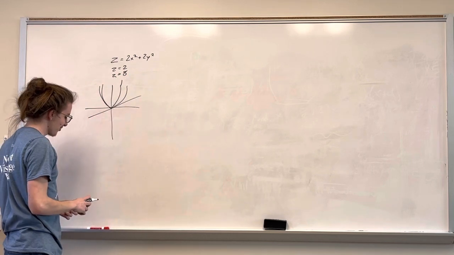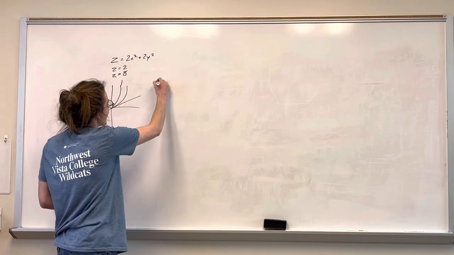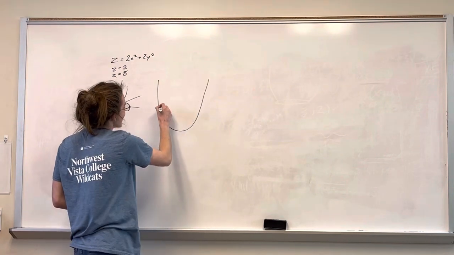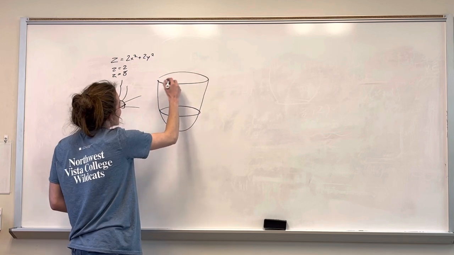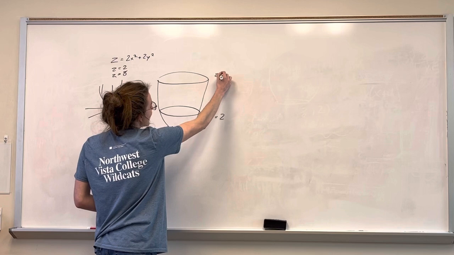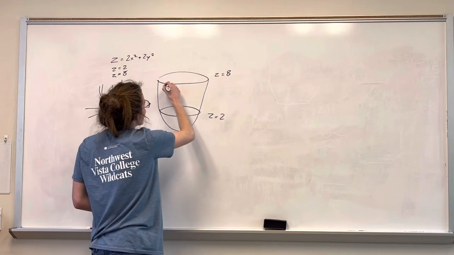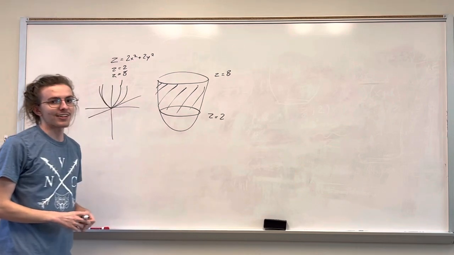The general shape that we are trying to solve for is this, between the planes z equals 2 and z equals 8. We are trying to find this surface area.